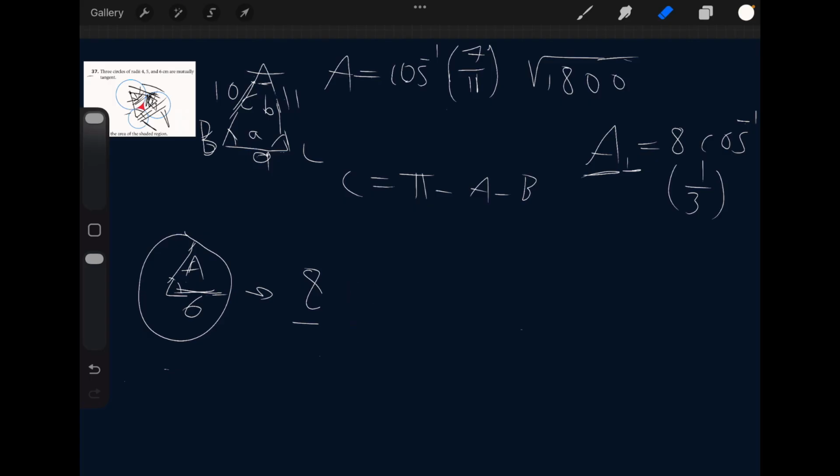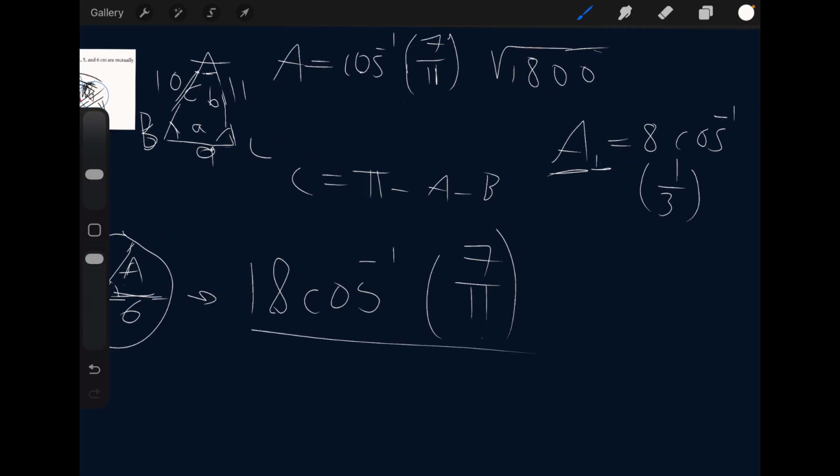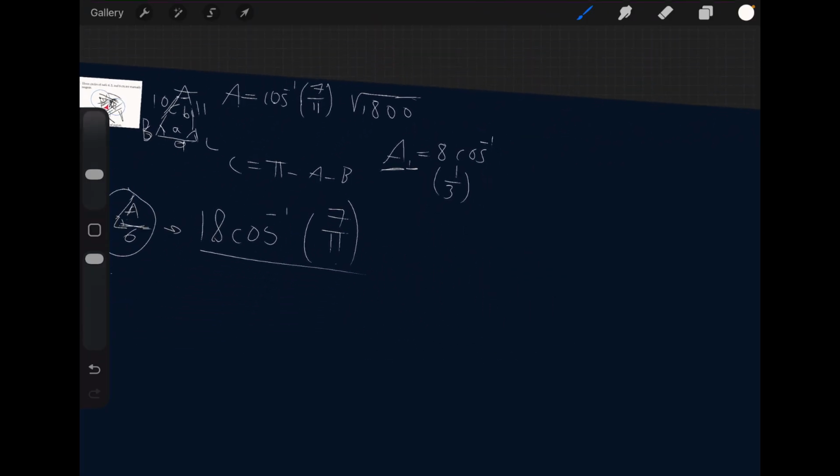Half of 36 is 18. That'll give us 18 times the angle, which is arc cosine of 7/11. Very good. Let's go ahead and write that up.